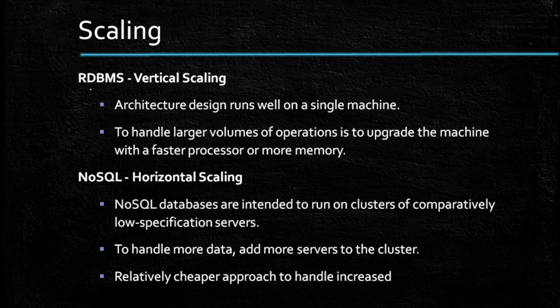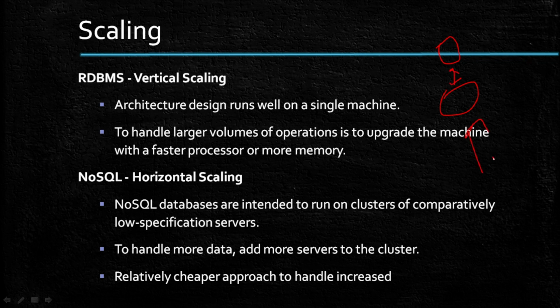Scaling. RDBMS supports vertical scaling. The architecture design runs well on a single machine. To handle a large volume of operations, you upgrade the machine with a faster processor or more memory. That means whenever you are talking about scaling on the RDBMS side, the database will be scaled like this.